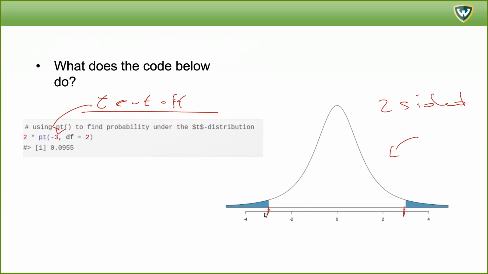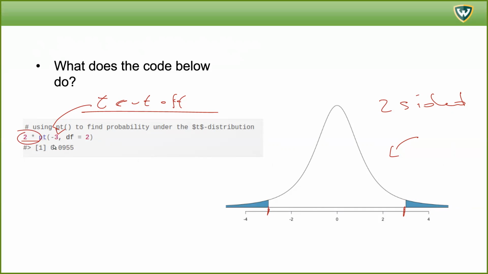That is, we're checking to see what's the chance of the probability being way below that value or way above that value of concern. The thing is, this function doesn't give you the two-sided value. So what you have to do is multiply whatever value you get by 2.